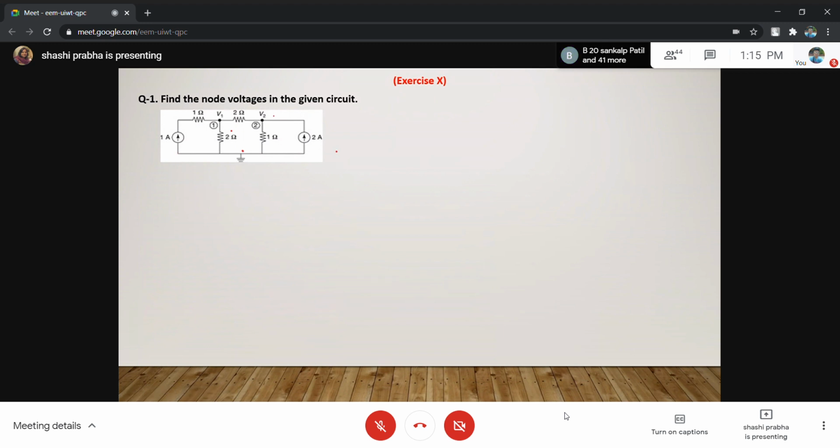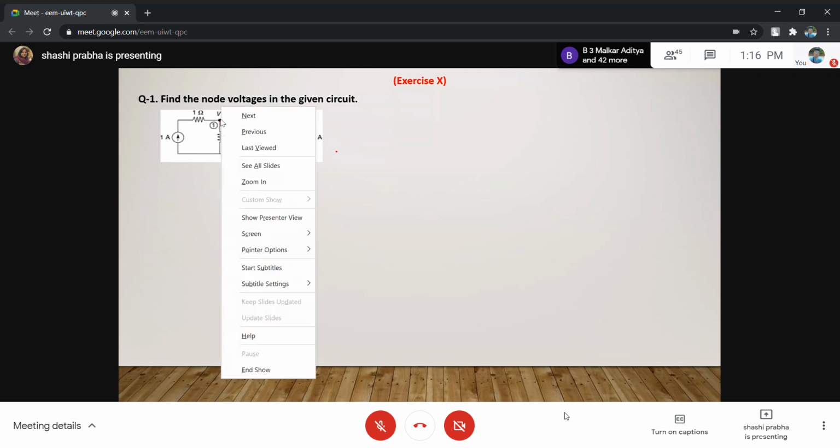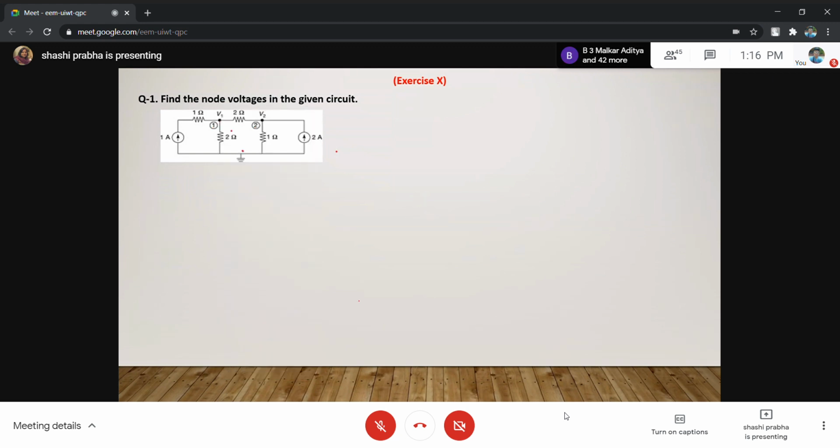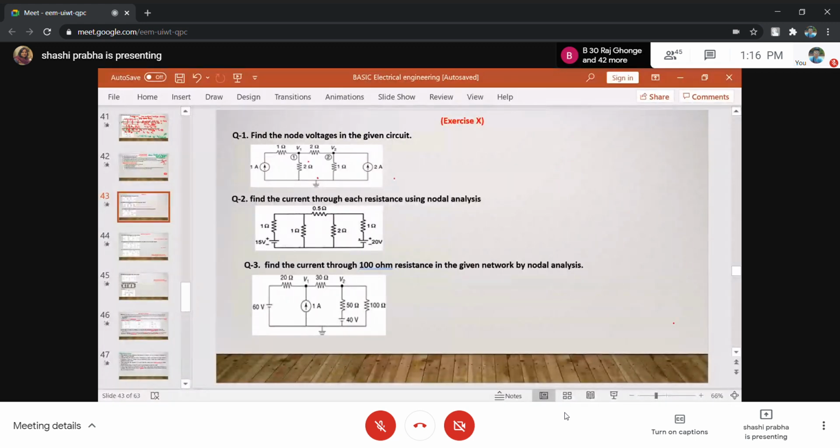Please draw this diagram quickly, so that I can tell you how to solve it. How many nodes are there? This is one node.